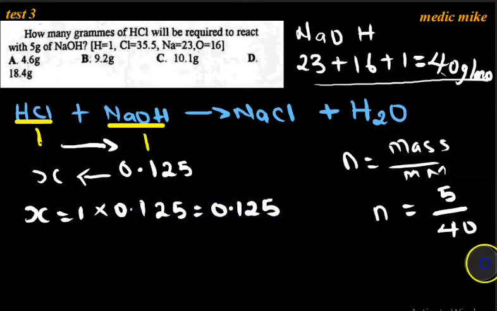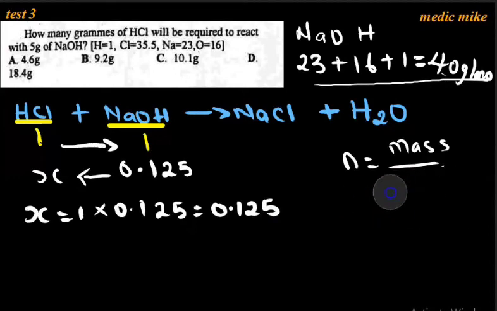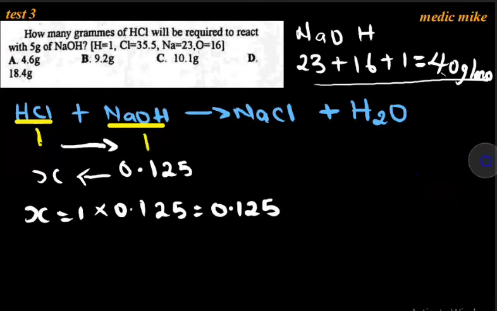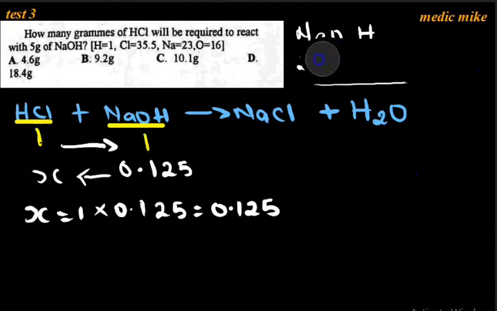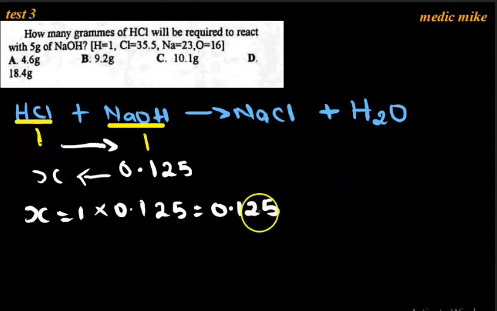Since we have the same mole from the balanced equation, we'll have the same mole even after we solve using mass over molar mass. So we already have the mole of HCl, which is 0.125 mole from equation comparison.